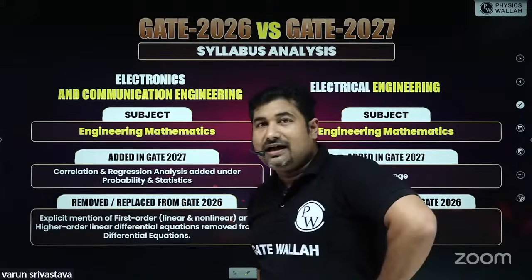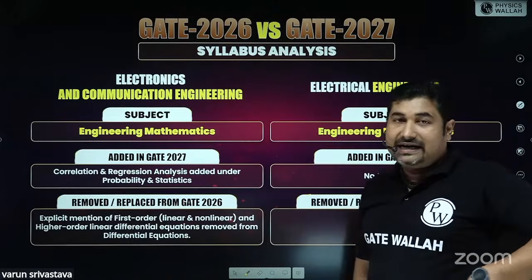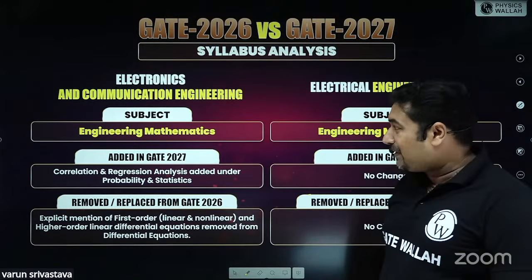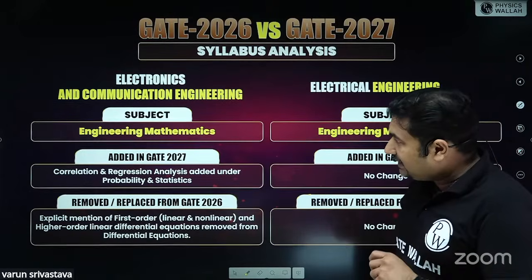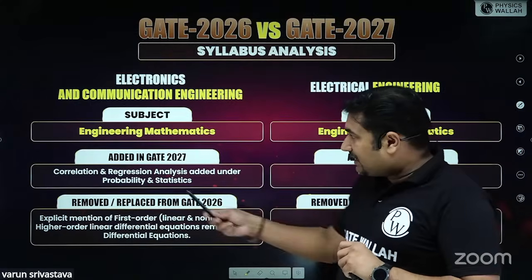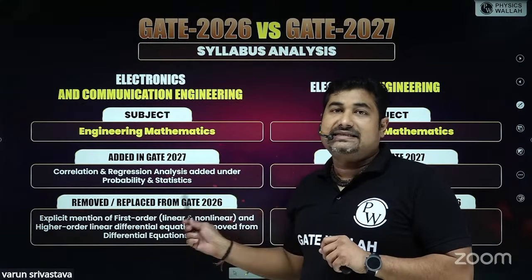Thank you, sir. I will discuss the control system, but before that, I just wanted to highlight the mathematics, because my slides are aligned in that way. So please observe what changes we are seeing in mathematics in GATE 2027. We can see that correlation and regression analysis is added under probability and statistics.